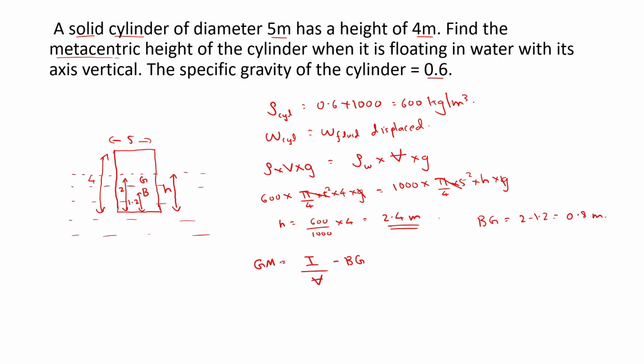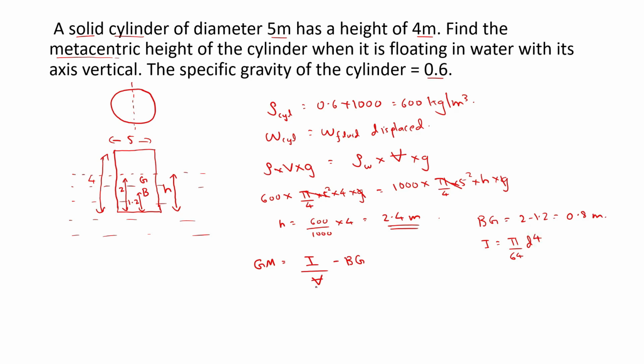And what is I? On the top view you can see that this is a cylinder, so you need to find the moment of inertia of the top area about this axis. I here is equal to pi by 64 d raised to 4, the moment of inertia of the top view.